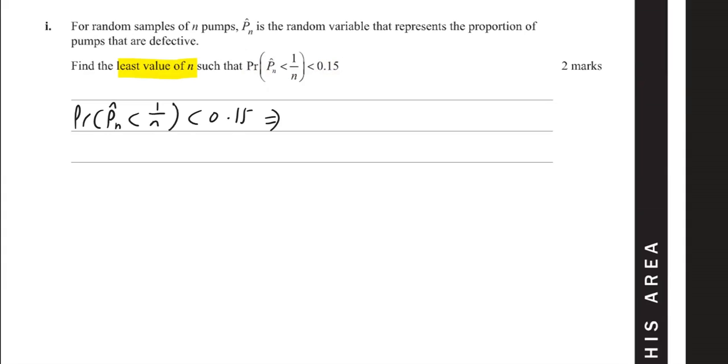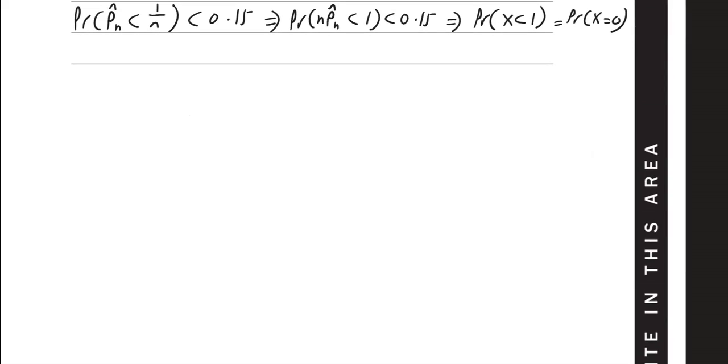That simplifies to PR of n p hat on n times 1 when you cross multiply, less than 0.15. Finally it goes down to PR x is less than 1, which is PR x is 0. The reason n p hat of n is equal to x is because of p hat n, and when you cross multiply, you get this.